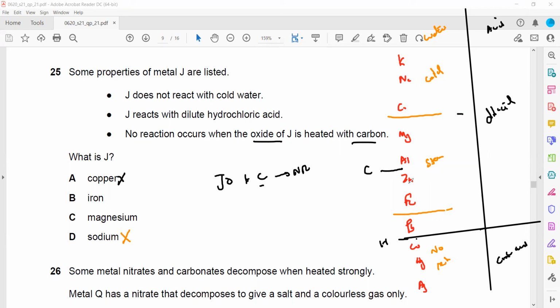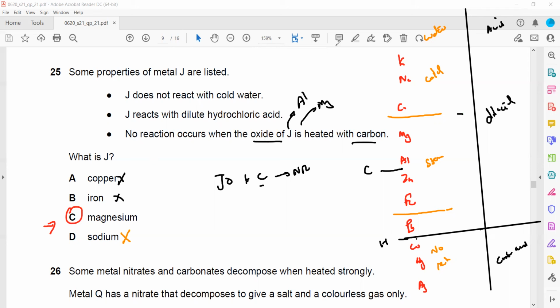Carbon can react with zinc, iron, and lead, but it cannot react with aluminum or magnesium. So J can be aluminum or magnesium. We don't have an option of aluminum, we have only magnesium. So that's why C is the right answer.